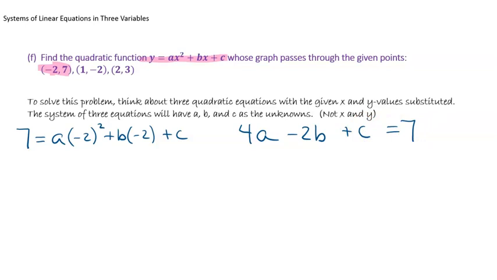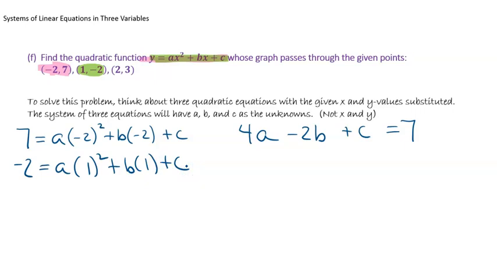What am I going to do now? I'm going to move on to this point, this is my x and this is my y, and again plugging it right back into there. Just like we did the first time. So this time my y is negative 2 is equal to a times 1 squared plus b times 1 plus c.